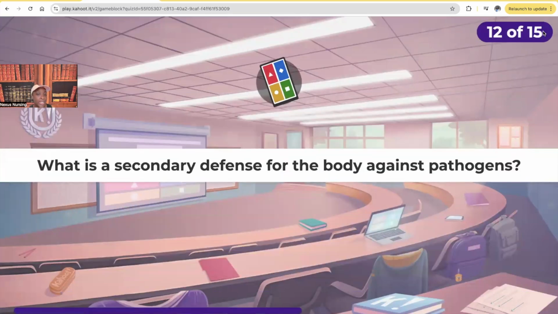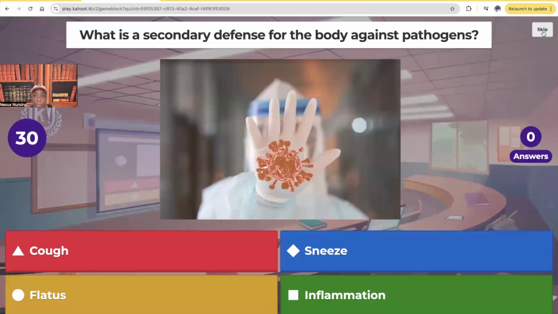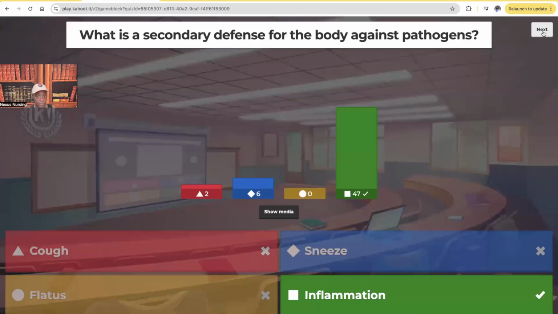All right, what is a secondary defense for the body against pathogens? Cough, sneeze, flatus, or inflammation? What is a secondary defense for the body against pathogens? Very good.